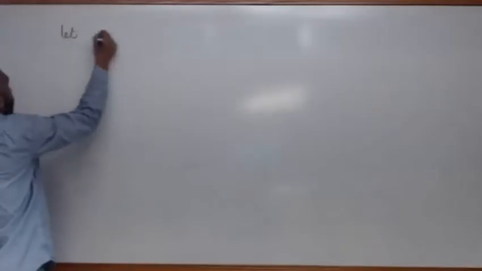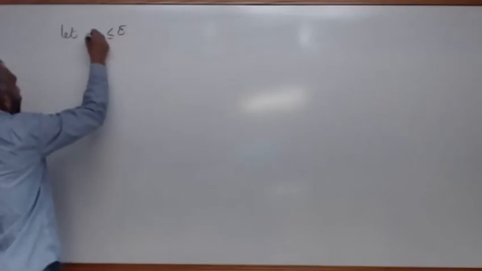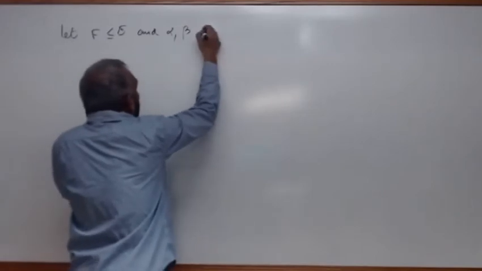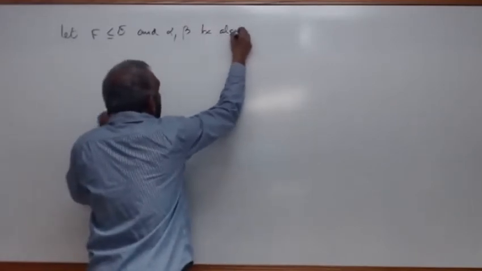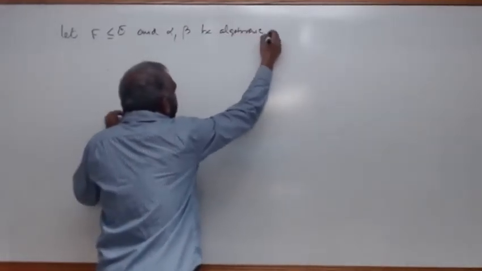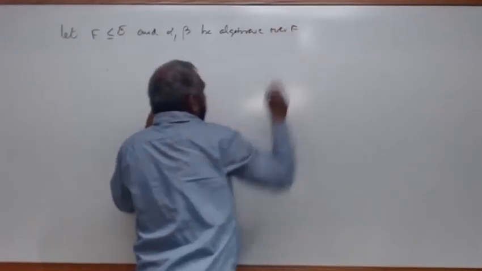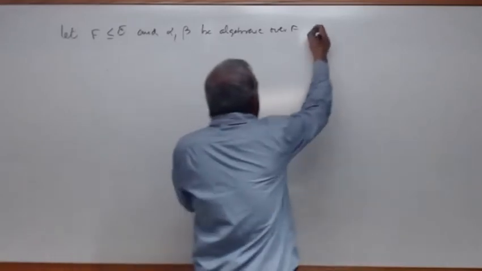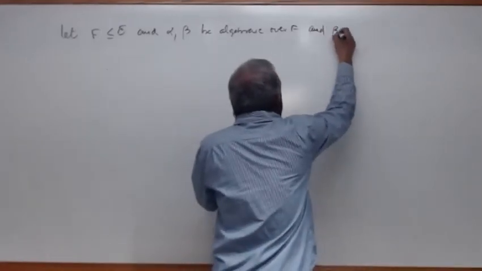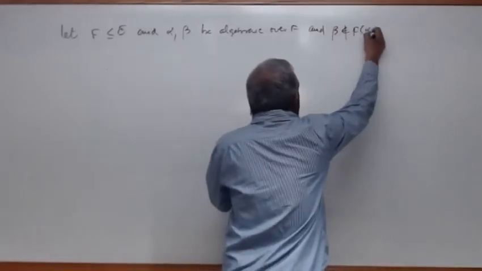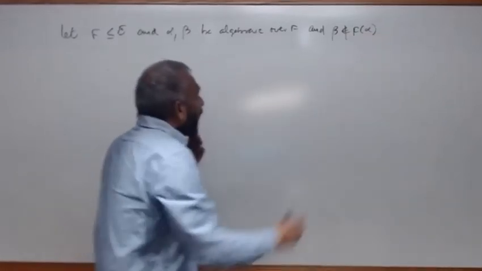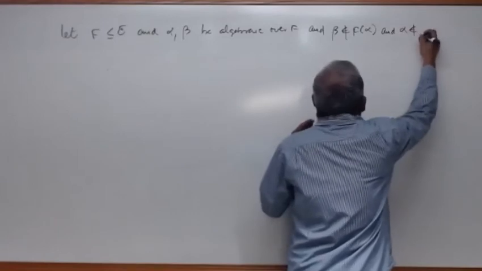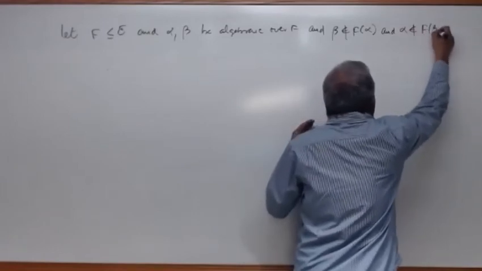Let E be an extension of F and alpha, beta be algebraic over F, and we are going to assume that beta does not belong to F(alpha) and alpha does not belong to F(beta).